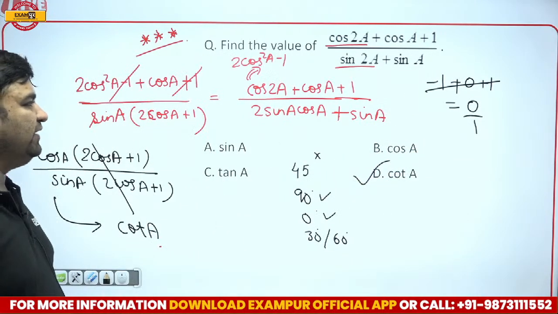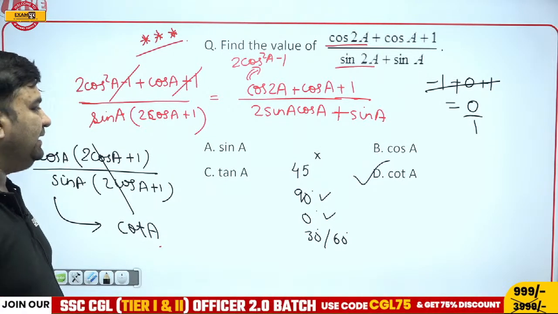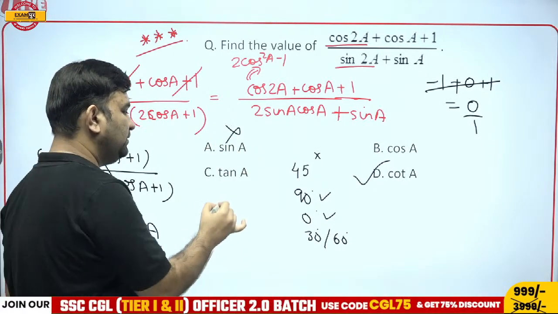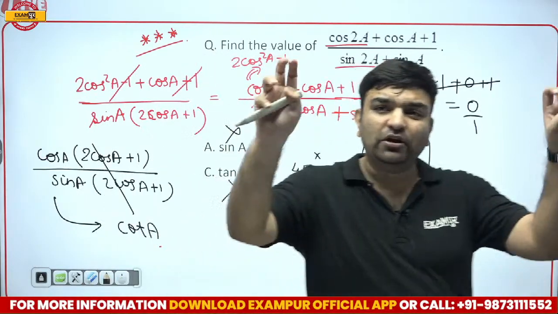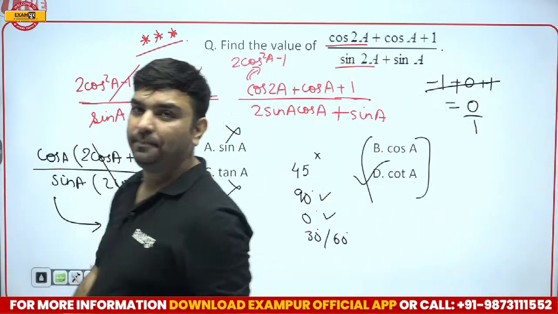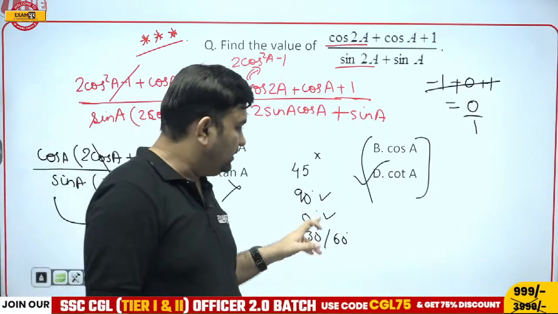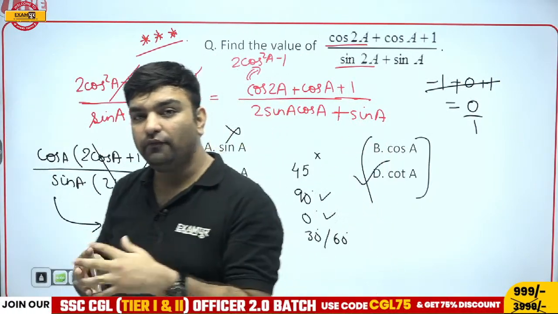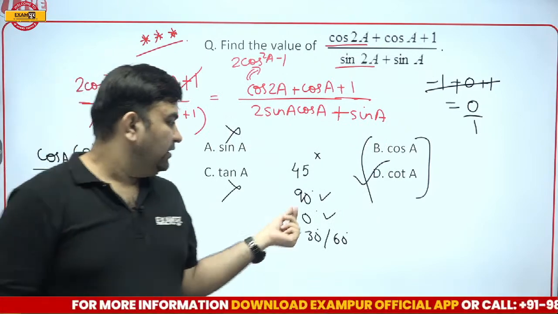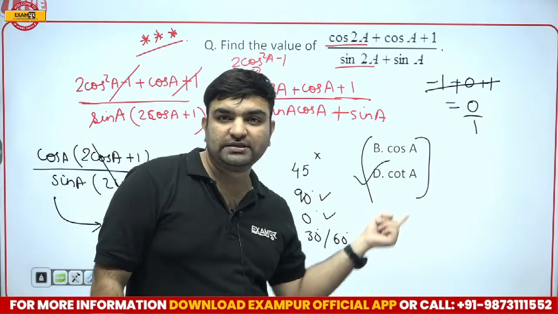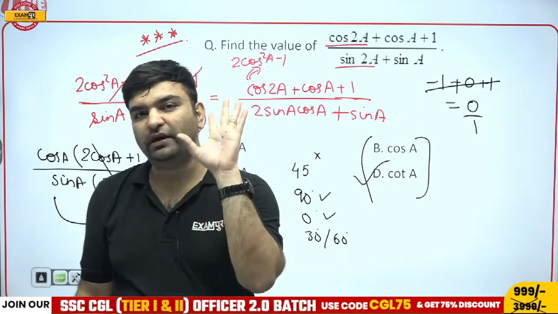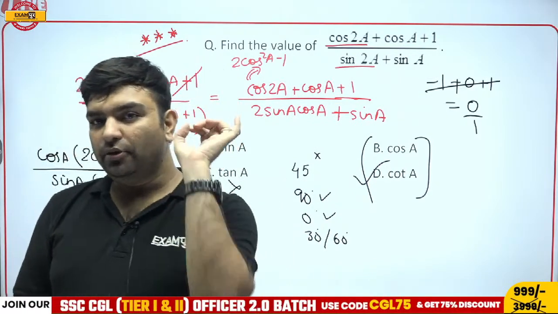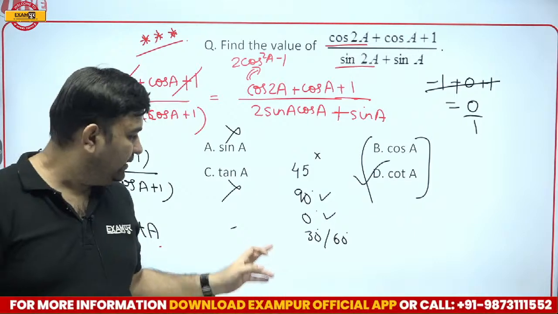Whoever gives you 0 at 90 is your answer. This not, this not. So there is a huge probability of two options getting clashed with 90 as well. Only 30 or 60 will give you the unique answer.